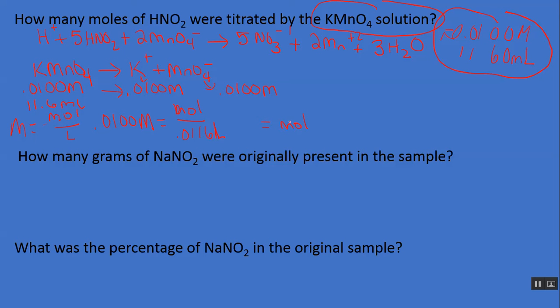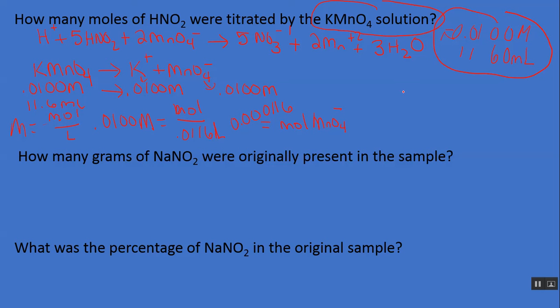How many moles of permanganate ions do we get? Well, we get 0.000116 moles of permanganate. All right, that's great.